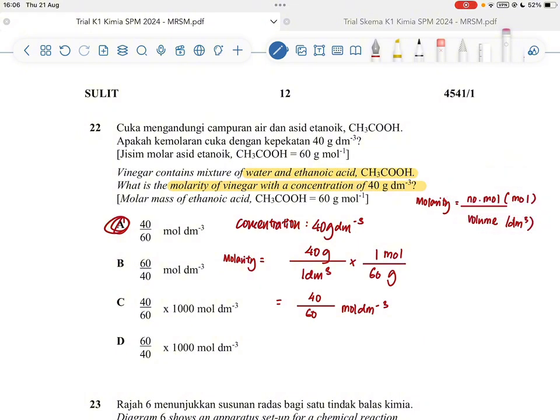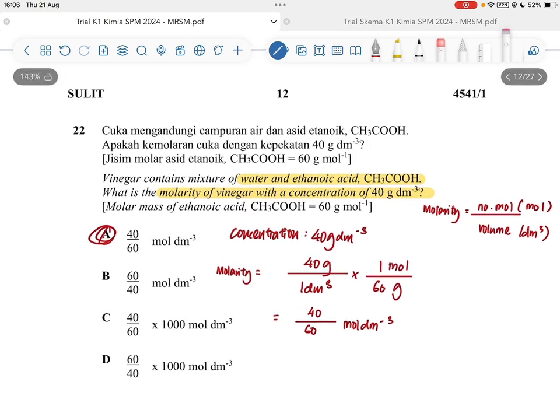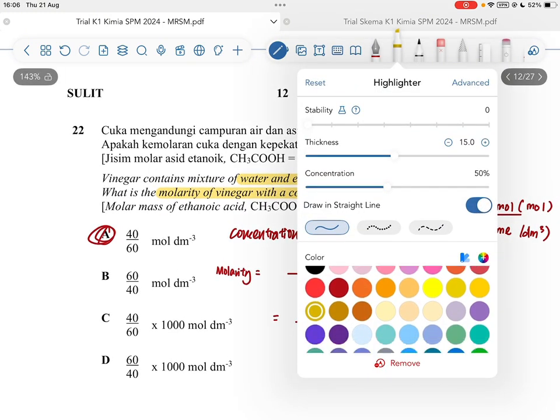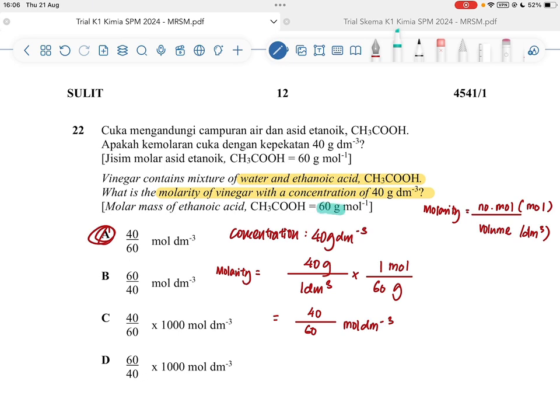So the unit for molarity will be mole per dm3. Given this concentration and the molar mass, we can calculate the molarity, because you can observe the units. The unit for molar mass is gram per mole, and here is gram per dm cube. So we can cancel the gram, and then we will get mole and dm cube. So isn't it that these two units are actually the unit for molarity, which is mole per dm cube?